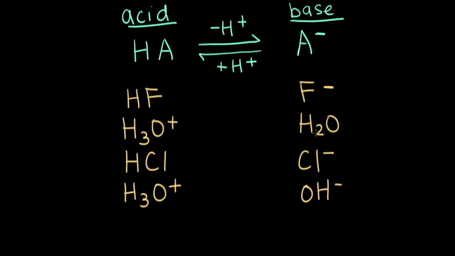If water loses another proton, we get OH-. So the difference between these two species is 2 protons instead of 1 proton. So these two, hydronium and hydroxide, are not a conjugate acid-base pair because they differ by 2 protons instead of 1.